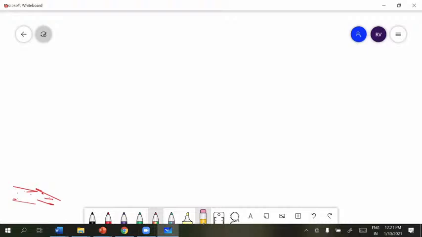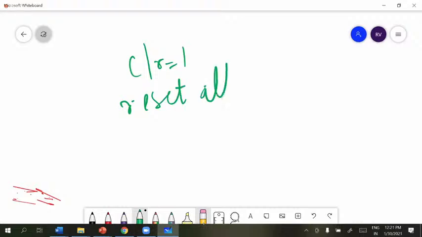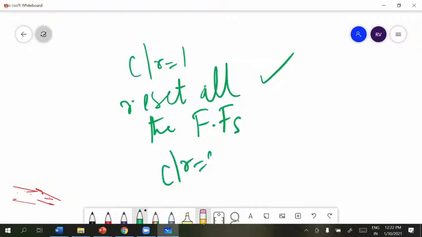Whenever clear is made high, we can reset all the flip-flops. This is a very important point. You have to reset all the flip-flops by making clear equal to high. Later, whenever the counting operation starts, you have to keep clear equal to low.